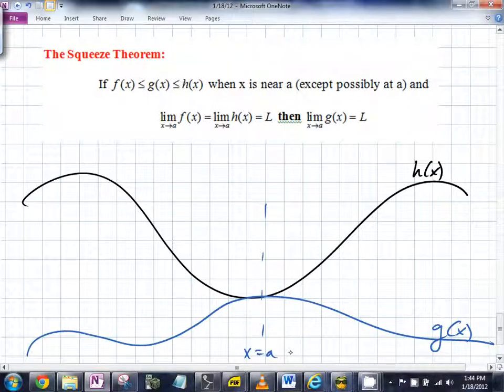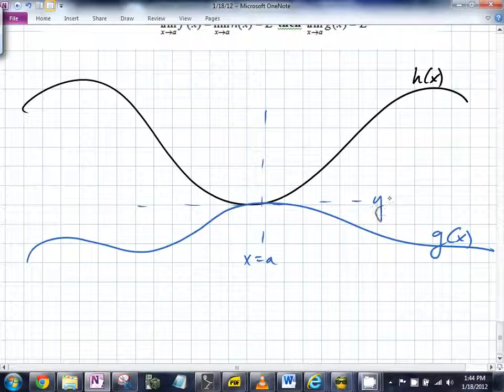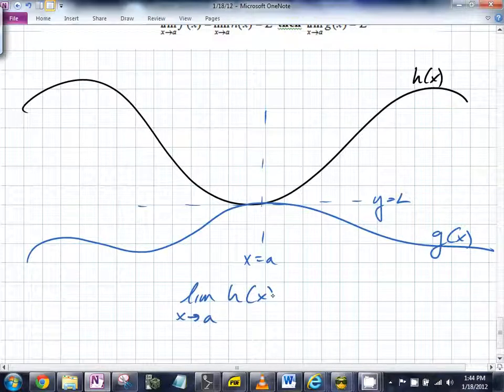What's the limit as x goes to a of g of x? What the squeeze theorem tells us, and remember this was f, I'm sorry, I want to keep the notation consistent. This is f.